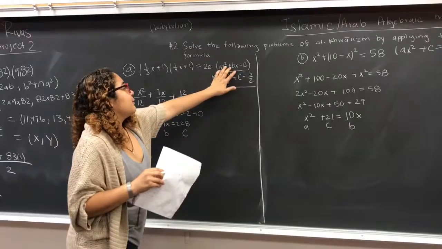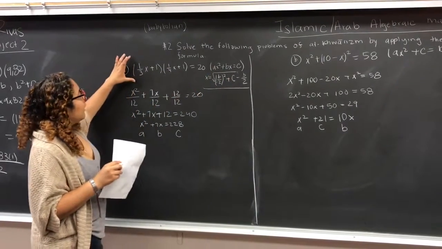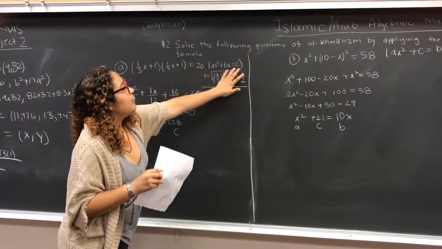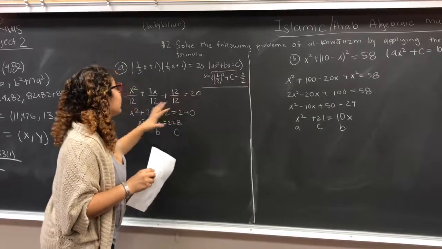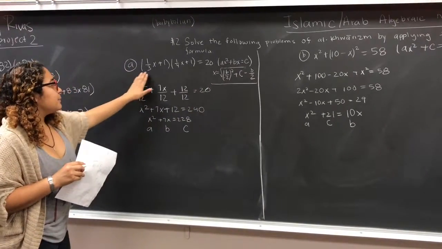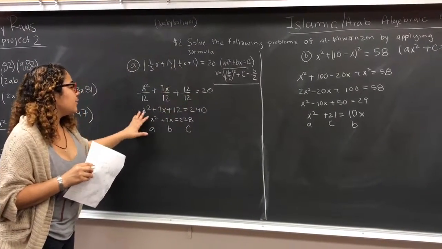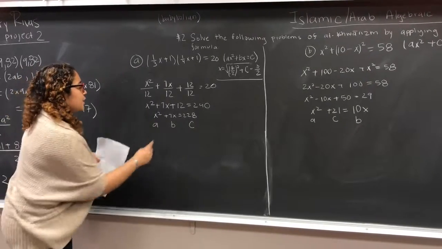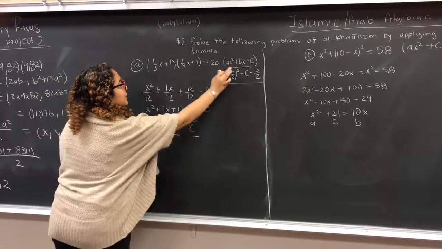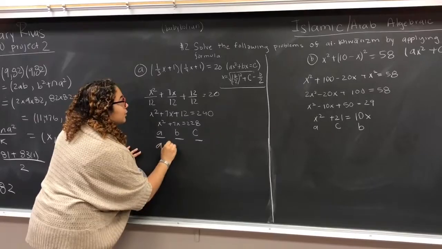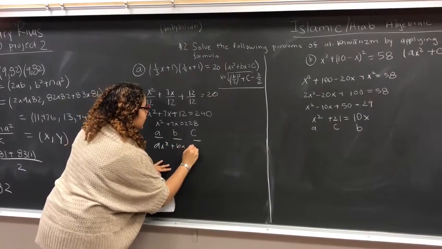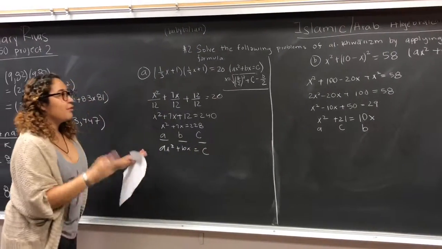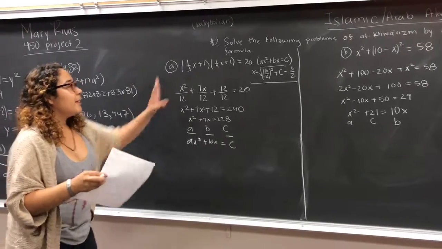For this one, we're trying to turn this equation into this format, into this formula, so we can solve for it. The first step is to distribute, and then we solve it, and we get our general case a, b, c: ax squared plus bx equals c. So we get it into the format of that equation.